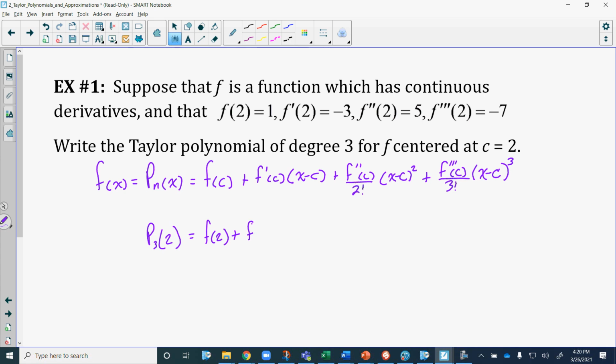Here I'm going to say f prime of 2 times x minus 2 to the first power, plus the second derivative of 2 over 2 factorial times x minus 2 quantity squared, plus the third derivative of function f at 2 over 3 factorial times x minus 2 quantity cubed.